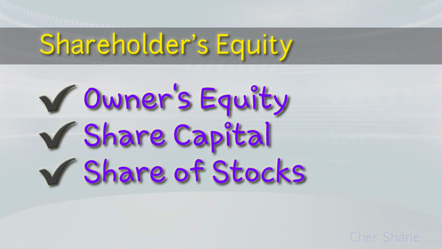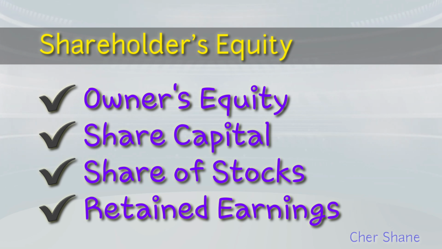Lastly, we have equity, also known as owner's equity or shareholders' equity. It is the actual value of funds that owners of the entity invest in the business. It is the value after we deduct the liabilities from the value of assets. Owner's equity consists of shares of stocks and retained earnings.